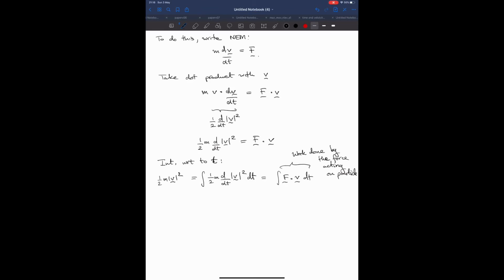But in terms of mechanics, any force that makes a particle move through some distance does work. If it doesn't do work, it's because the force is unable to move the object. Okay, so this is the work done.